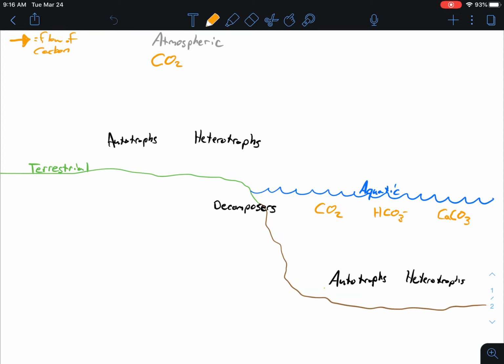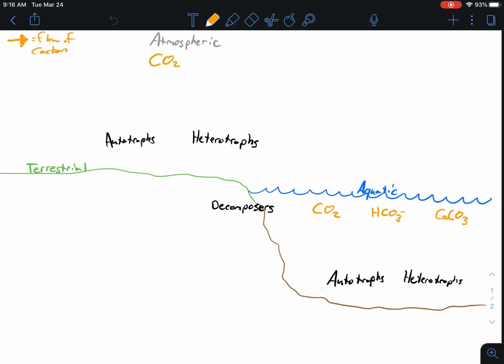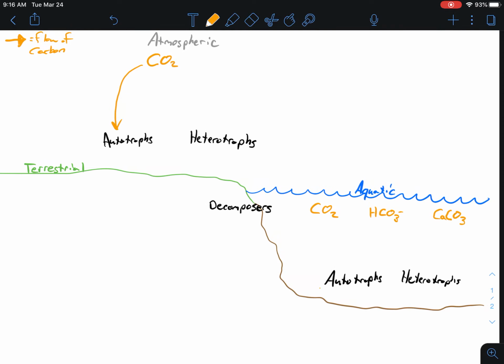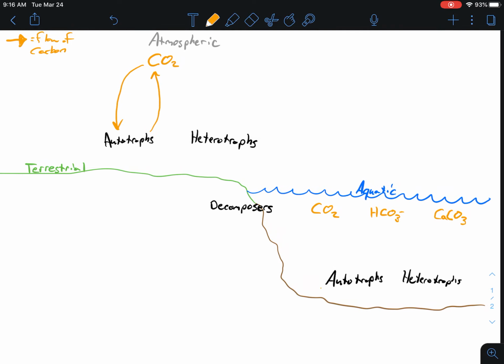I'm going to use the color orange here to show the flow of carbon. Our autotrophs are made of carbon. Tons and tons of carbon within our autotrophs. They get that carbon via the process of photosynthesis, getting it from the atmosphere. They give off plenty of that carbon back to the atmosphere via their own cellular respiration processes.